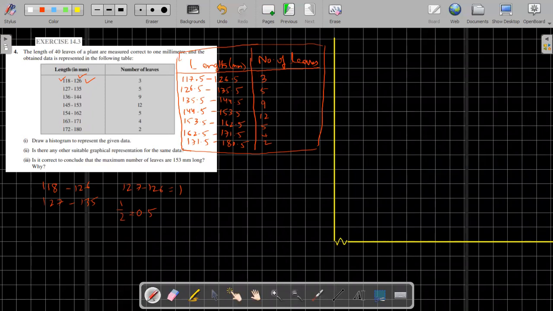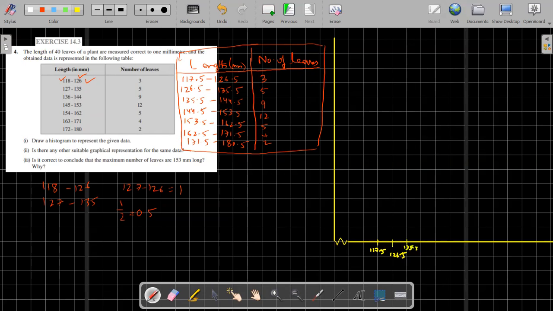So I can start from here also. This point will be 117.5. Then we have this point 126.5. Then this will be 135.5.